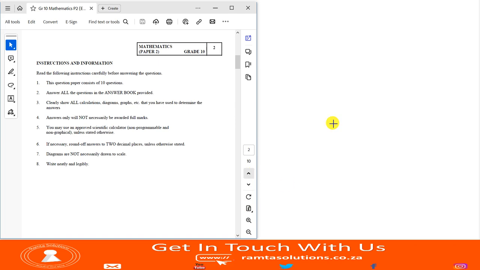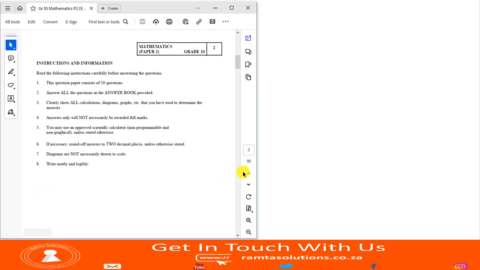Now, for counting, the point is 0.6. It says, if necessary, round off answers to 2 decimal places unless stated otherwise. This is important to know.